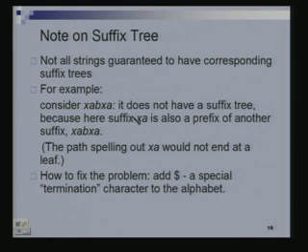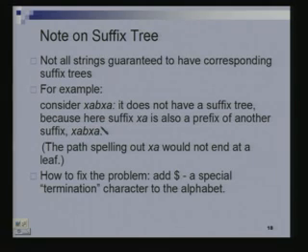This was the problem that someone had pointed out very briefly in the beginning. If one word in my trie is contained in another word, is a prefix of the other word, what happens? So the same thing, right? So suppose I have a word, my text is XAB, XA, okay?